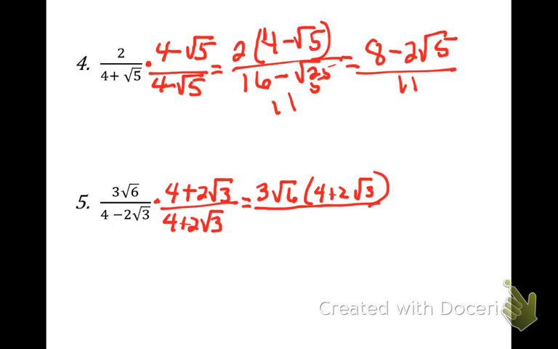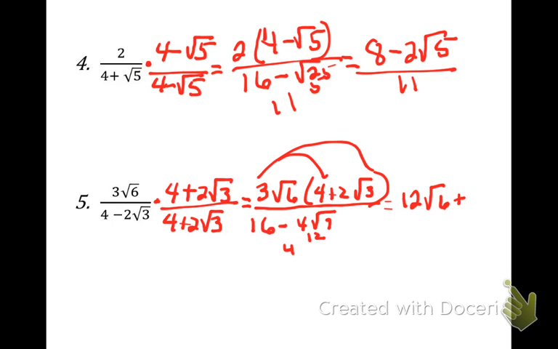In the denominator, 4 squared is 16 minus 2 squared is 4 times the square root of 9, which will end up being 3. 4 times 3 is 12. 16 minus 12 is 4. So the 4 will not cancel there, so I need to go ahead and distribute up here. So I'm going to get 12, 3 times 4 is 12, but I still have times the square root of 6. And then multiplying here, 3 times 2 is 6, times the square root of 18, all over 4.